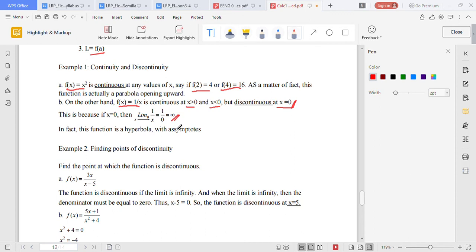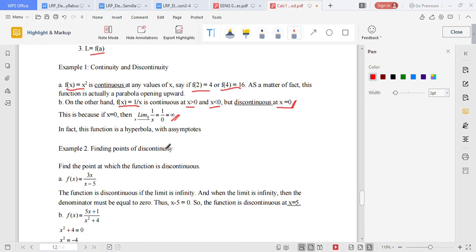So if the answer for the limit of the function is infinity, then that means the function is discontinuous at a certain point. In fact, this function is a hyperbola with asymptotes.